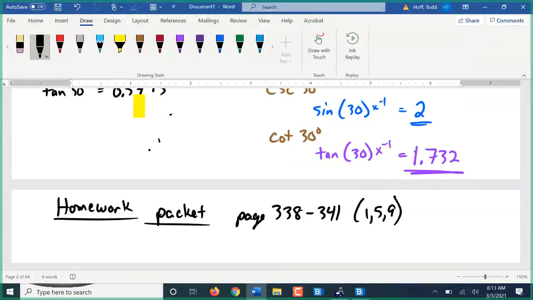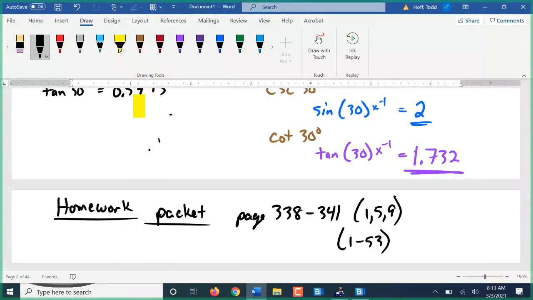So rather than doing 1, 3, 5, 7, 9, 11, 13, 15, just do 1, 5, 9, 11, 15, 19. Just because there's a lot of problems there. I just don't want you to go home and do 27 problems. And I have to back off at some point.